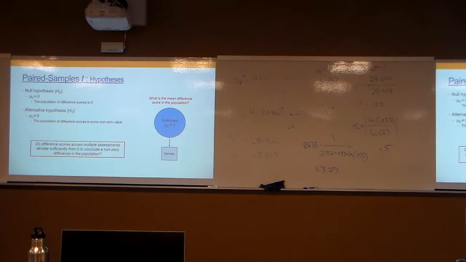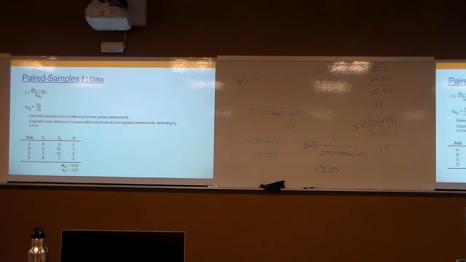So again, with our paired sample test, the question we're asking is, do the difference scores across assessments in my study differ significantly from 0 enough for me to conclude some non-zero difference in the larger population? So for our data here, our test is going to be the mean of the difference scores, or average at time 1, average at time 2.